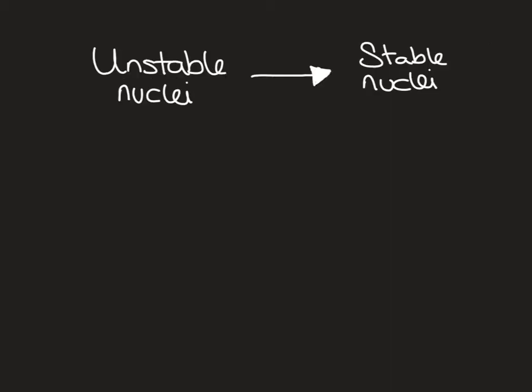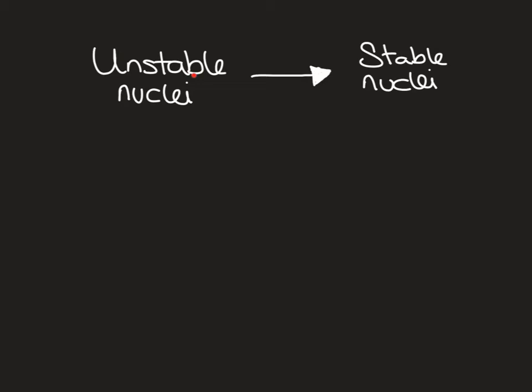So what we need to think about now is that when we're thinking about whether a nucleus is going to decay or not decay, we have to effectively start thinking about the different nuclei in the atoms as either stable nuclei or unstable nuclei. And by that I mean either all the forces are balanced and the protons and the neutrons are happy being together, or they're not.